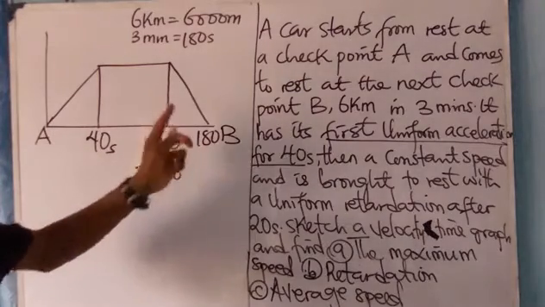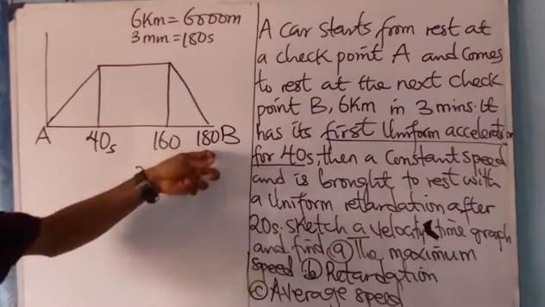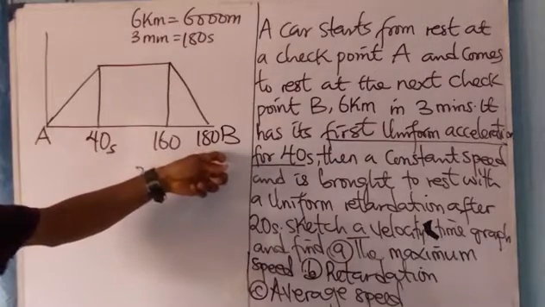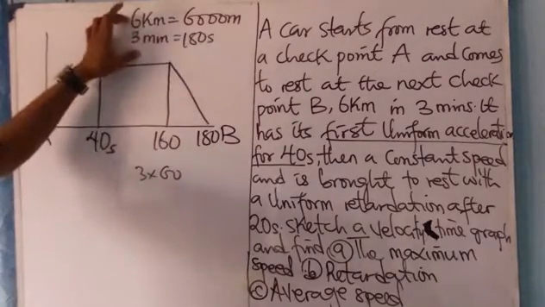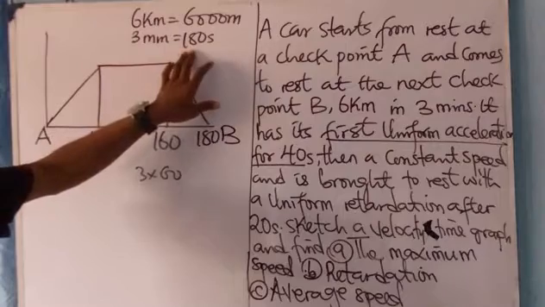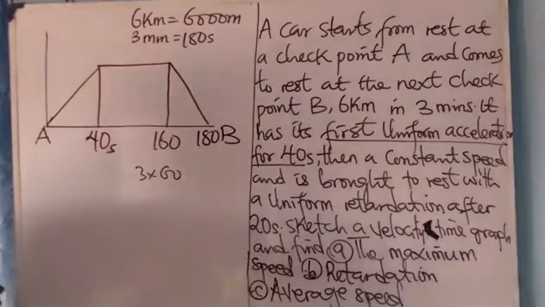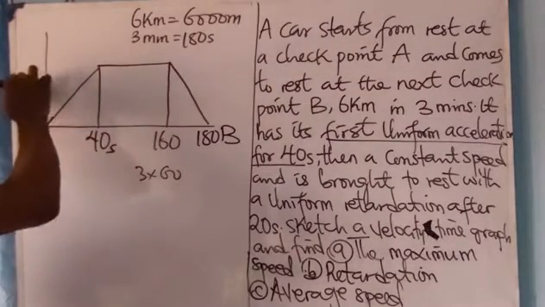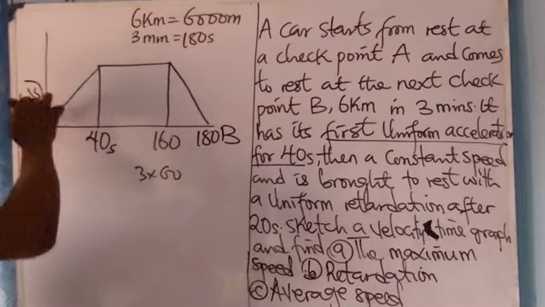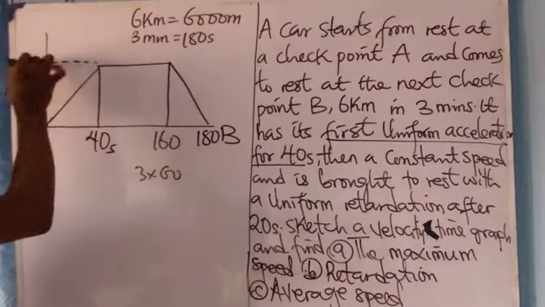Here you have 3 minutes, which you have to convert to seconds, 180 seconds. Here is the velocity, which is meter per second, and here is the distance.